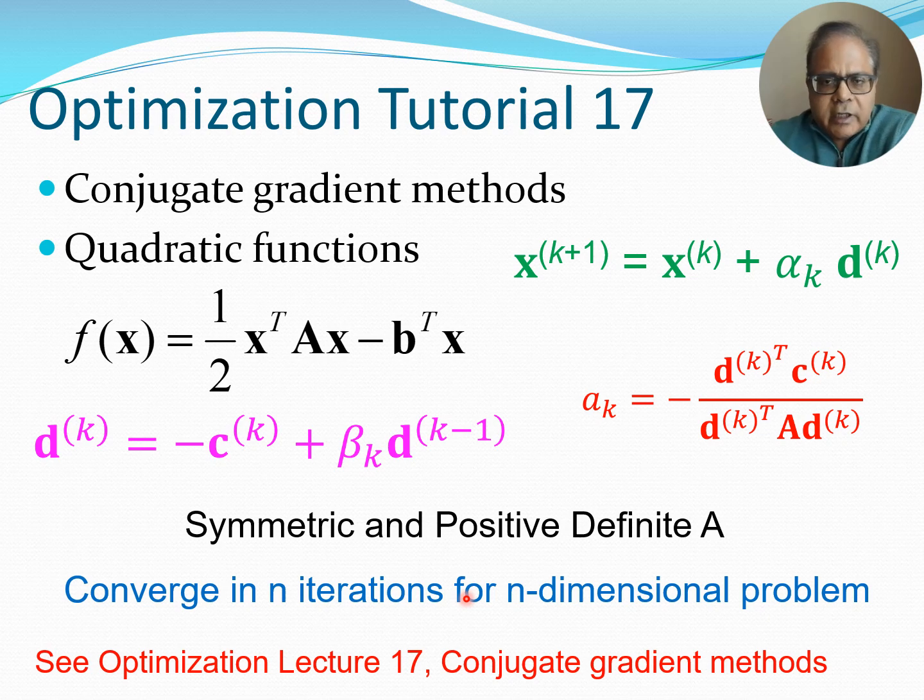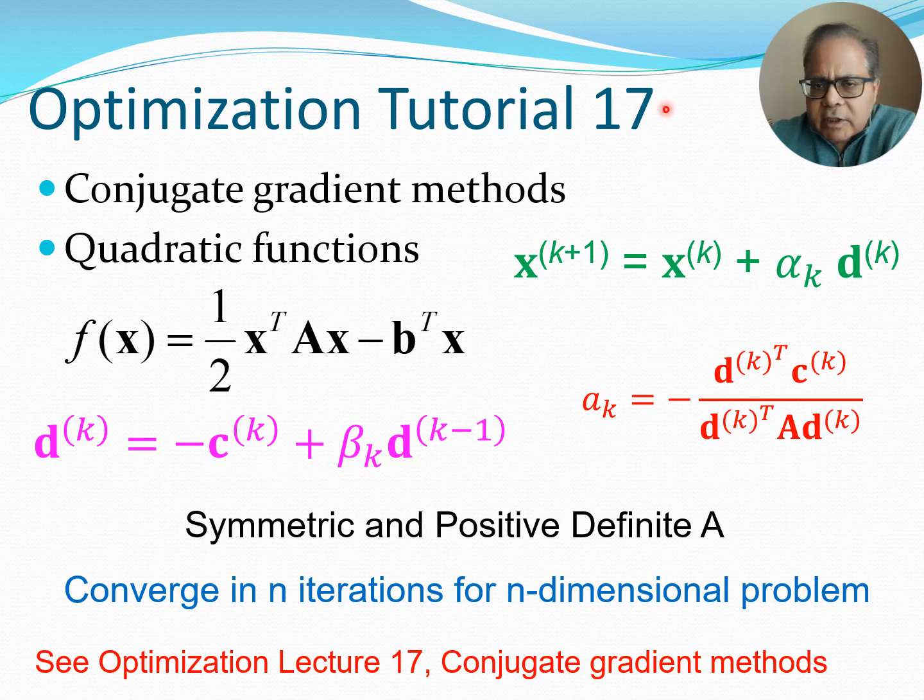So actually, the gradients are conjugate with respect to this matrix A. That's how the word conjugate gradient comes. Actually, we say that the two search directions have A conjugacy. So look at lecture 17 for some of the details about that particular concept.